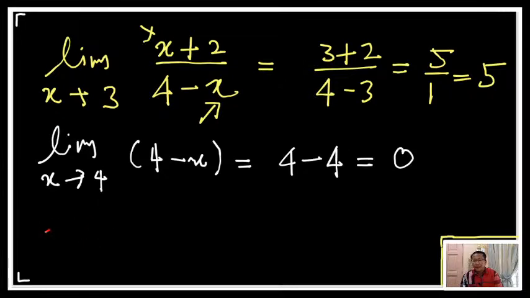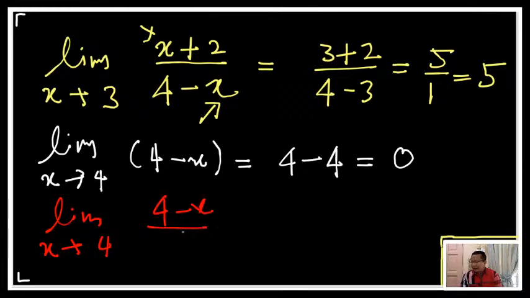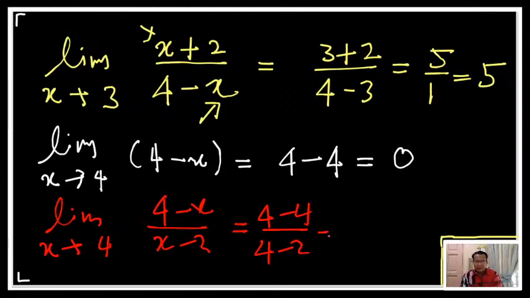Next one. Limit as x approaches 4 of (4 minus x) over (x minus 2). So this one is equal to 4 minus 4 over 4 minus 2, which is 0 over 2. The numerator is 0 but the denominator is not 0, it's okay. The answer is 0.